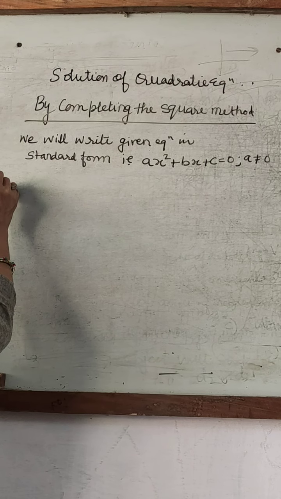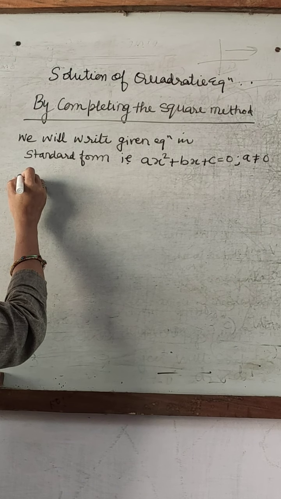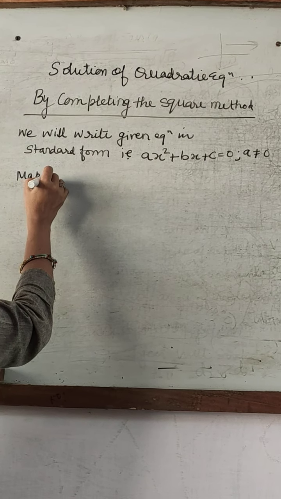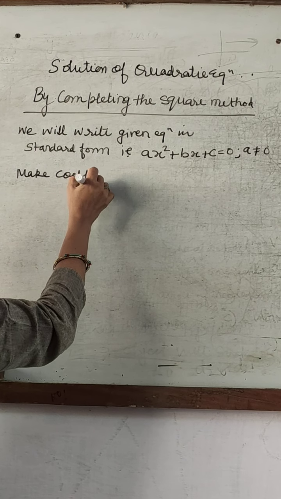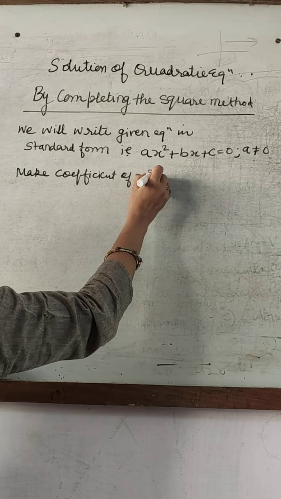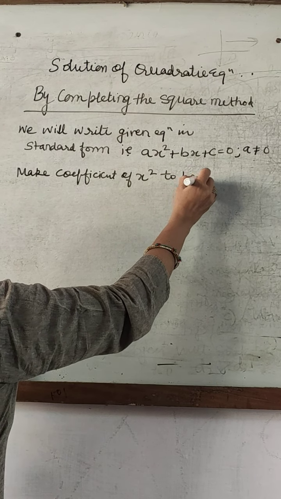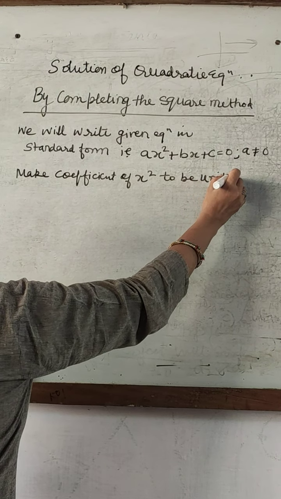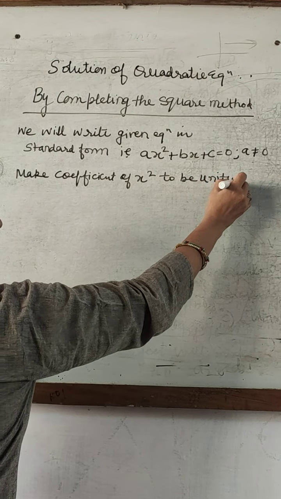The second step says make the coefficient of x square to be unity. Unity means 1. We have to make the coefficient of x square in the equation 1.